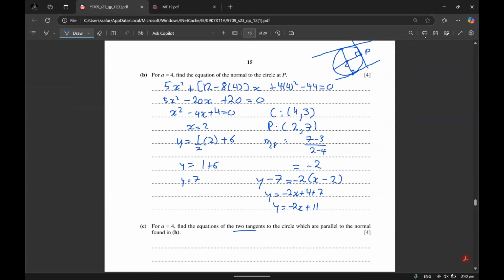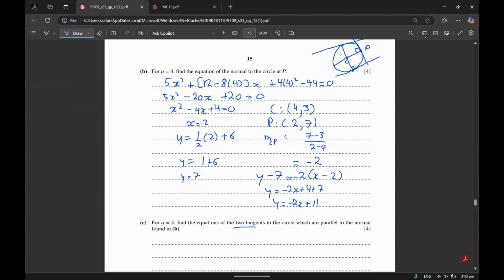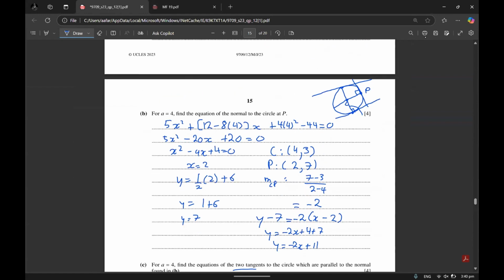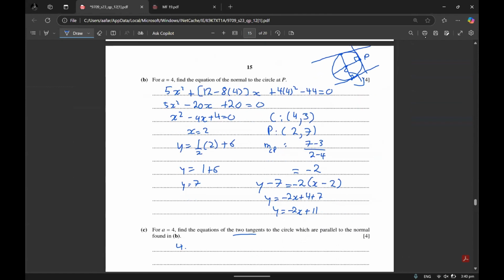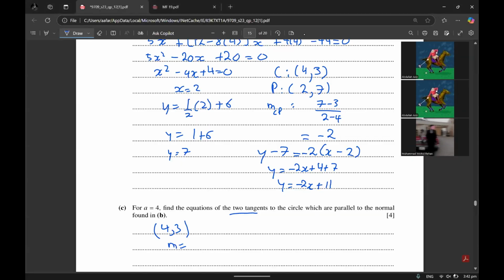What we'll do is we'll find the equation of this line right here. So we know it passes through the point (4, 3) since it passes through the center, and its gradient will be 1/2, since the other was -2.